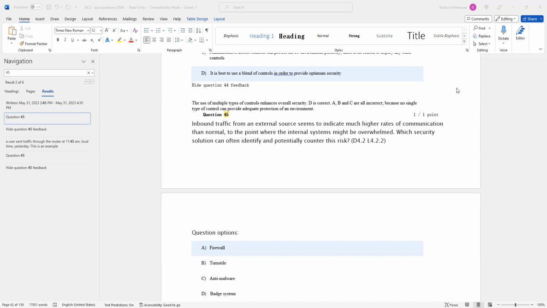But what we're doing is we're not tackling brain dumps, because I don't believe just providing questions and answers will serve anyone any good. When you sit the exam, you'll need to understand why the wrong answers aren't correct and why the right answer is correct. That's number one.